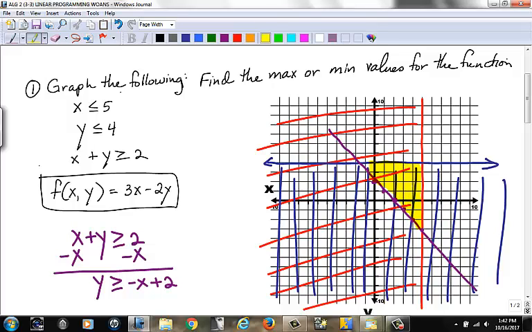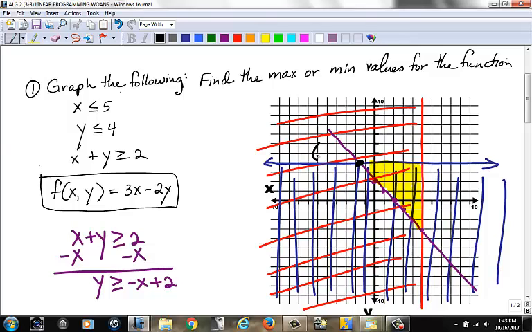Okay, now, what they're saying, and this actually goes, they don't really tell you in this, but this goes back to what they call the vertex theorem. If there is a maximum or a minimum value to that function, it occurs at one of those vertices. Okay, so you need to go through and figure out what's each vertex of that. So, what's that ordered pair? This would be, looks like -2 and up 1, 2, 3, 4.